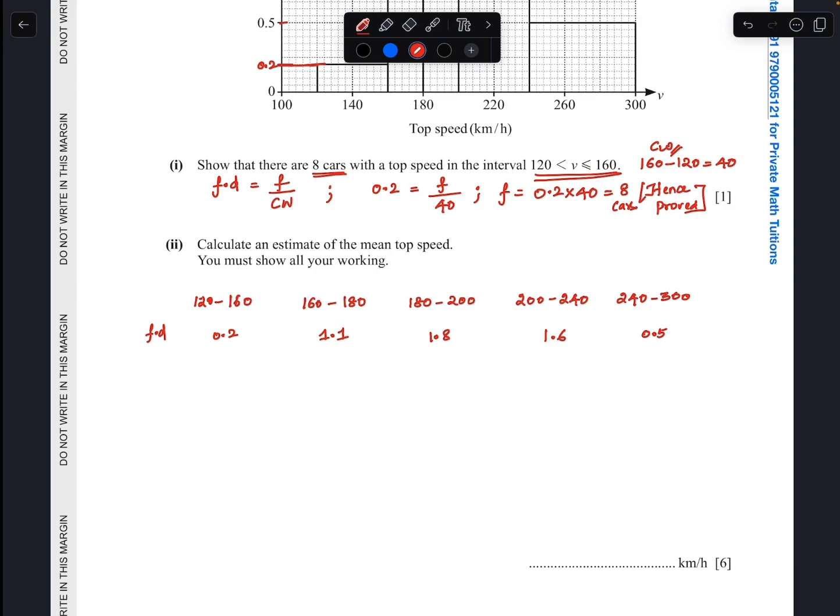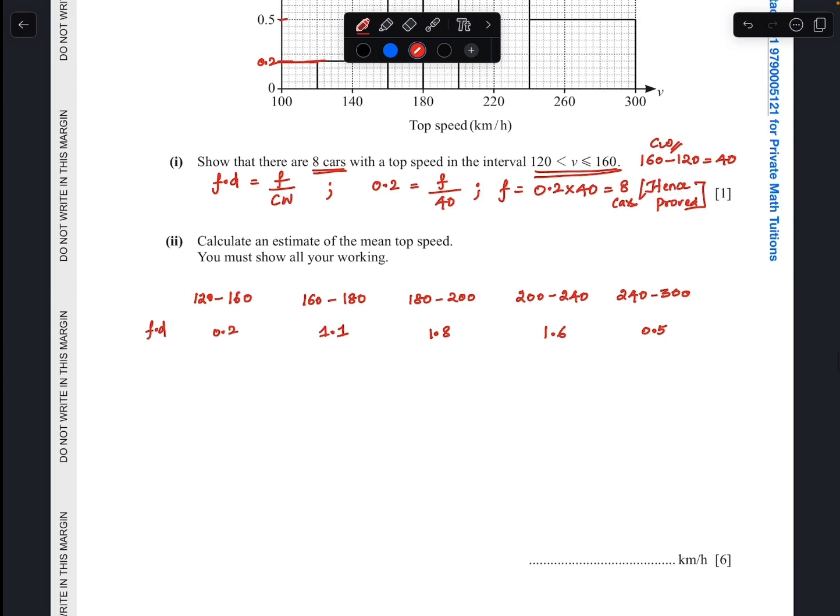Next, we don't want the frequency density, but we need the frequency. So we know how to calculate the frequency. Frequency F is equal to FD into class width.